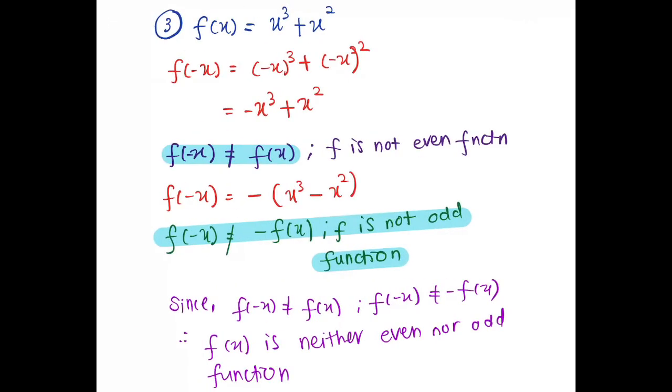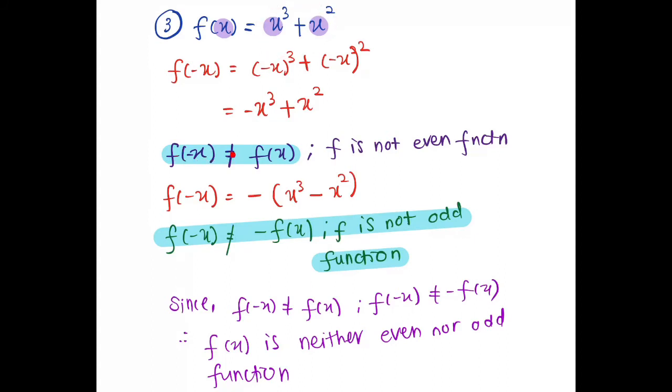Let's see the third question here. f(x) is equal to x cubed plus x squared. Now, let us substitute x with -x. f(-x) is (-x) cubed plus (-x) squared. (-x) cubed is an odd power, so it becomes -x cubed. (-x) squared becomes plus x squared. Let's see whether this is equal to f(x). No, it's not.